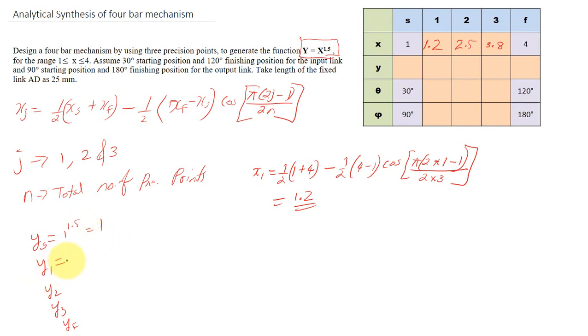Then y1 is equal to x1 raised to 1.5, so 1.2 raised to 1.5 will be 1.316. Similarly you can calculate all the values of y2, y3 and yf. Writing them here: ys is 1 and yf is 8. In between, y1 is 1.316, y2 is 3.952 and y3 is 7.41.